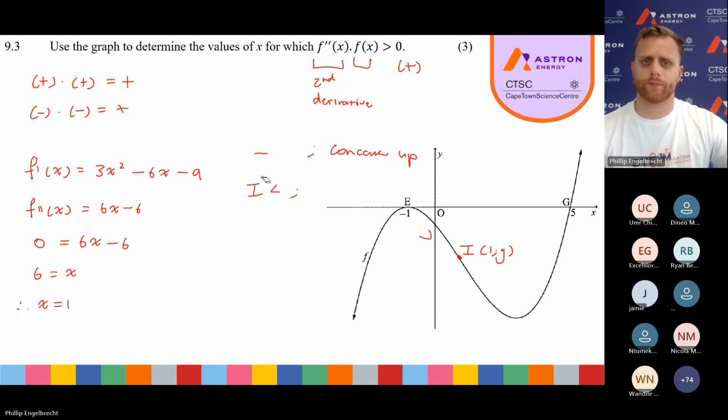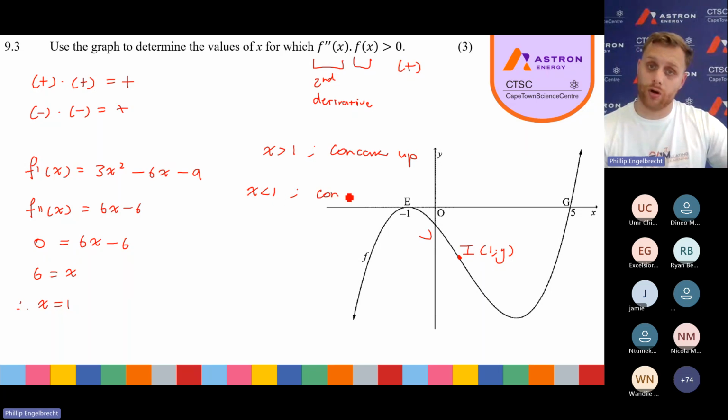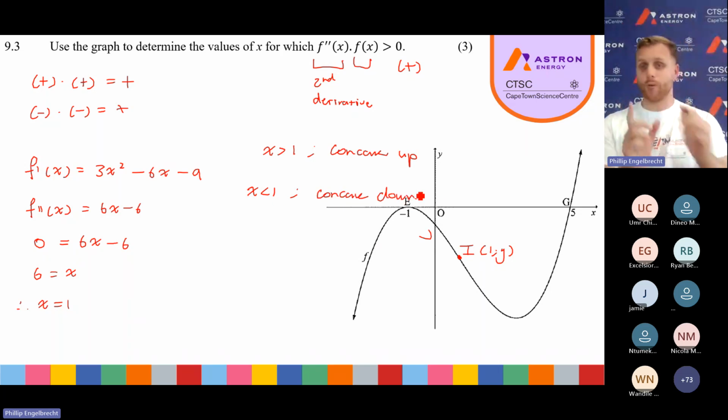Okay, so if x is greater than the value for the inflection point, which is 1, it means that your graph is concave up. All right. If x is less than 1, it is concave down. All right. I hope you understand that.